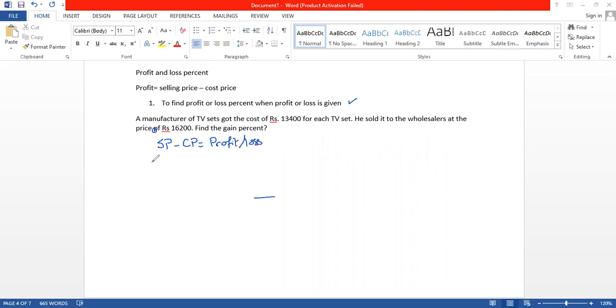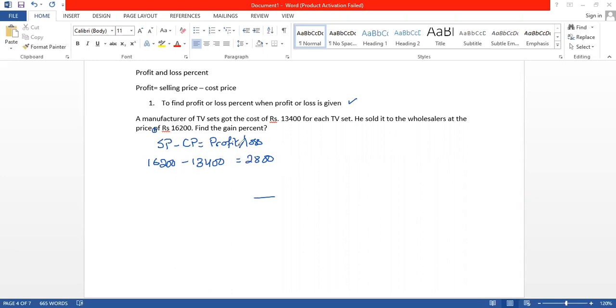The selling price over here is 16,200 minus the cost price 13,400, which will give you a positive amount. That means you've made a profit, and if we subtract, we get 16,200 minus 13,400, 2,800. So this is the amount of profit that you have made.